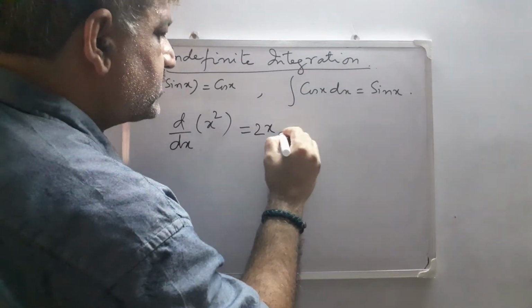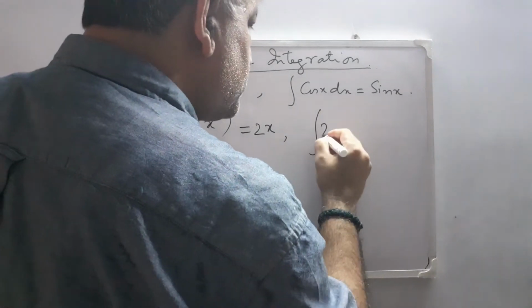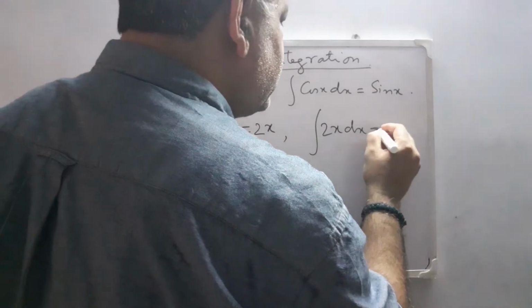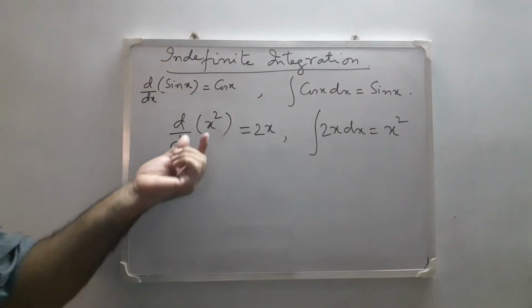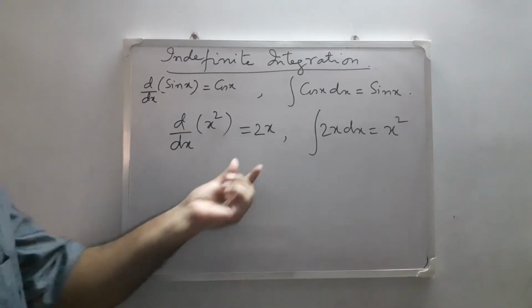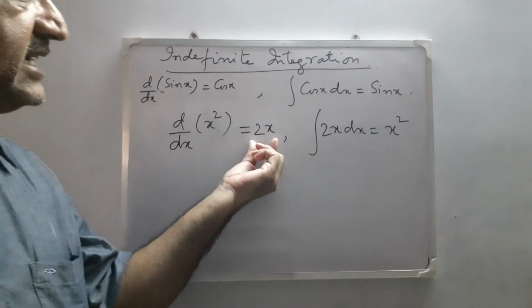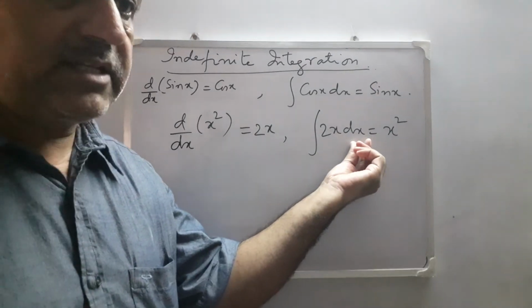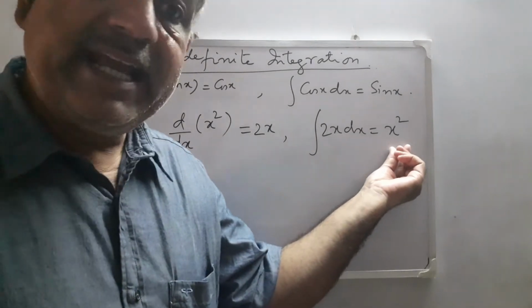It is 2x. So as per this concept, we can write integral 2x dx is equal to x square. No problem, because the differentiation of x square is 2x. So if we take the reverse process, then the integral of 2x dx, with respect to x, should be x square.